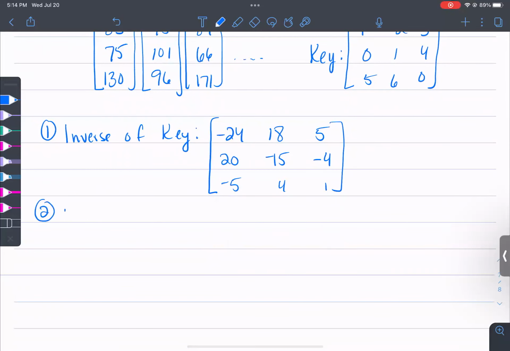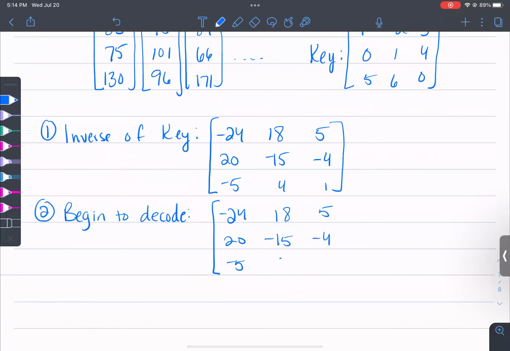And then you begin the process of decoding. To decode, you take the inverse of the key and multiply it by each of the column matrices of the message.